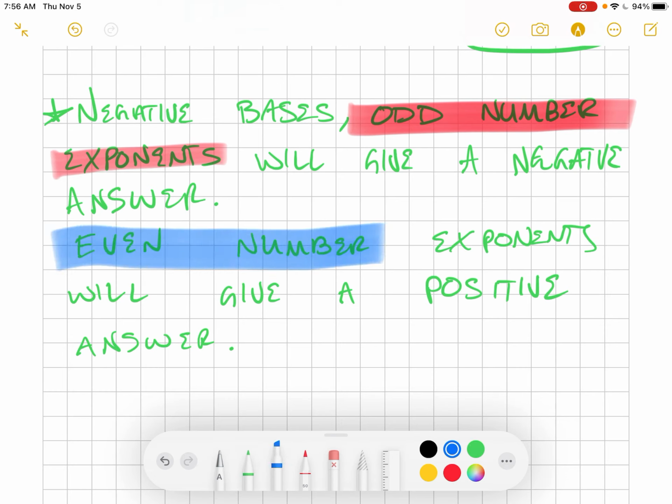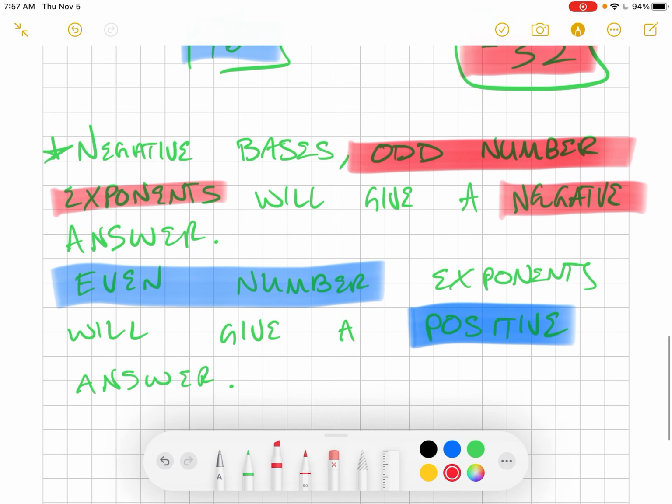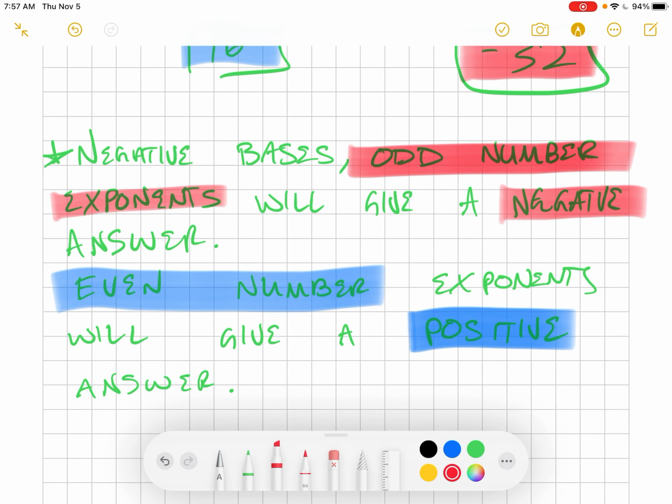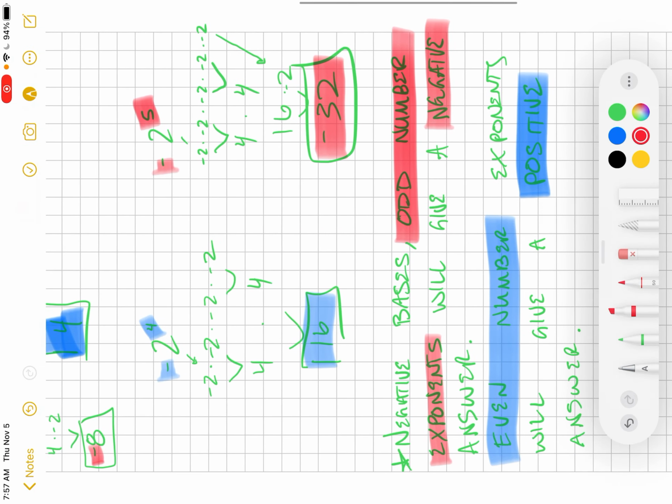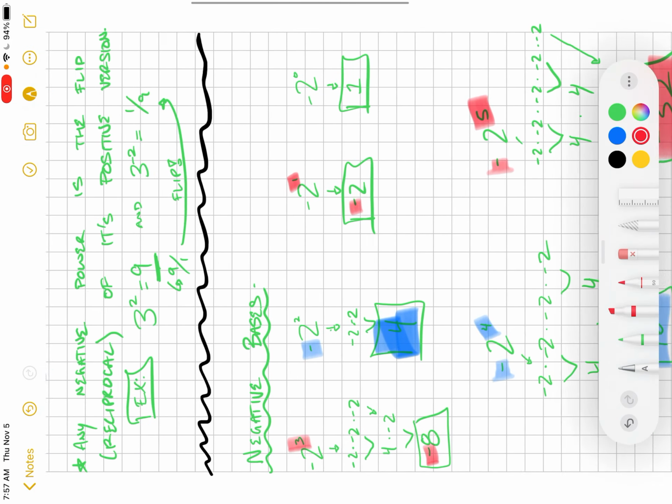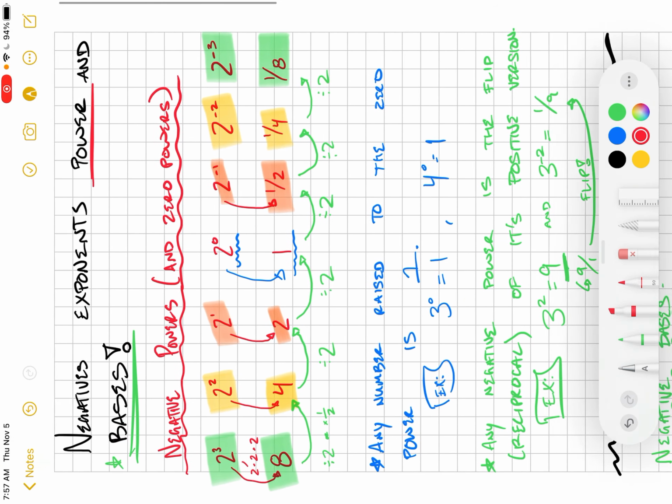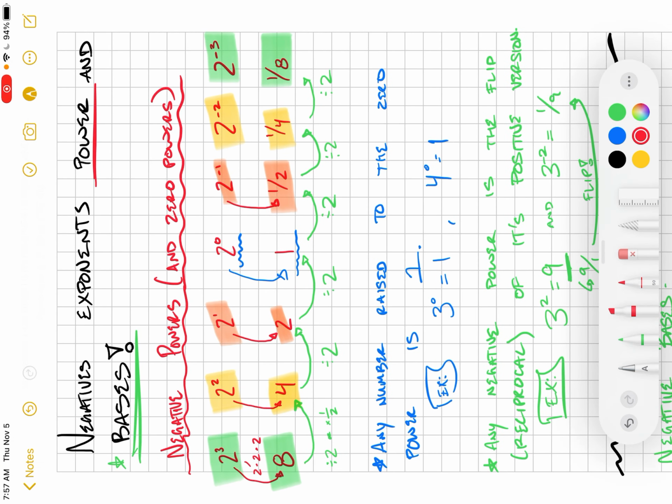So even number exponents will give a positive, whereas odd number exponents give a negative answer. So there are your notes for today. Okay? If you need any more notes, feel free to pause it and go back. But again, these notes were on negative exponent powers and bases.